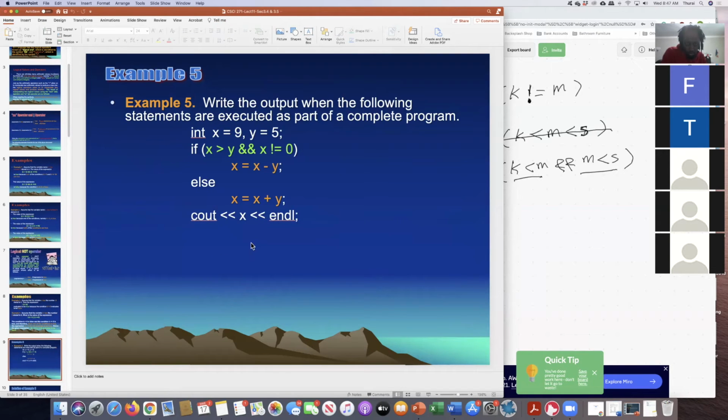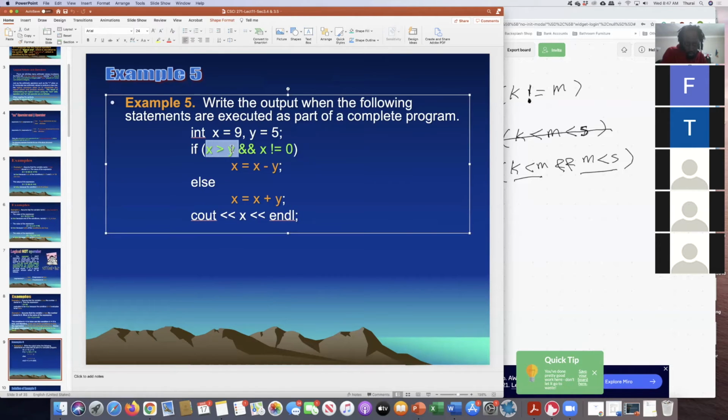All right, so here's a simple example of where you use them. I have x equal to 9, y equal to 5, and then if x is greater than y and x is not equal to 0. Say I only need two conditions to be checked, so I'm combining with the AND operator. X greater than y is true, and x not equal to 0 is true in this case.